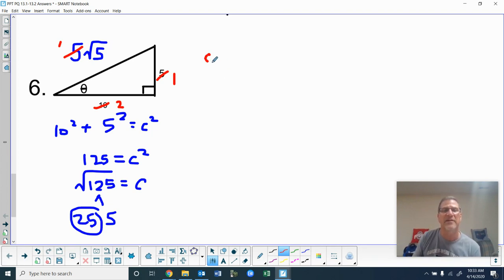Okay, so I just do the same thing as number 1 now. Sine of theta. Here's theta. Opposite's 1 over hypotenuse square root of 5. And I have to rationalize. Don't forget that part. So 1 times the square root of 5 is the square root of 5.